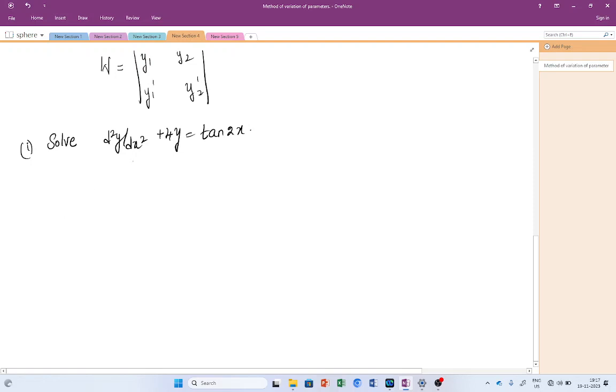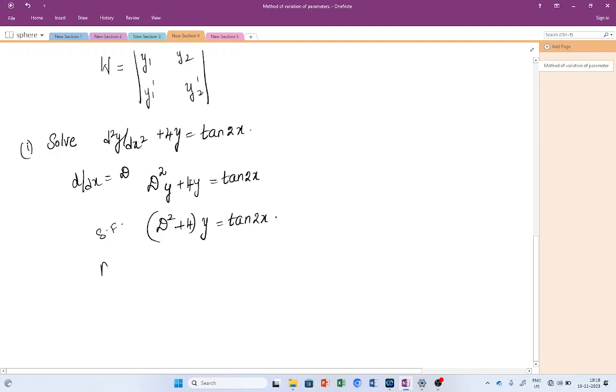Here we denote d by dx as capital D, so you write it as d squared y plus 4y is equal to tan 2x. Both the terms have y as common, so (d square plus 4) into y is equal to tan 2x. This is the symbolic form of the equation.